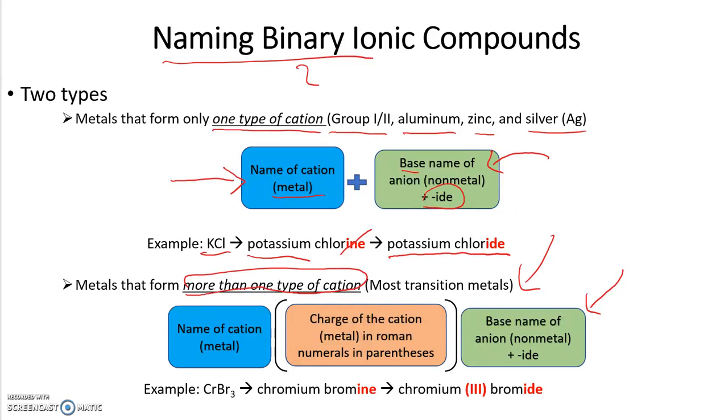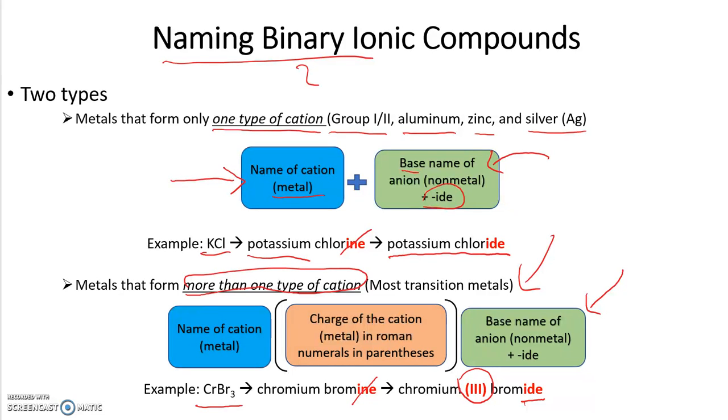and add IDE. So for example, CrBr3 is chromium and bromine, and you remove the I and E and replace with IDE, so it becomes chromium bromide. But since it's a transition metal, you need to indicate that the charge on chromium is a 3+ charge.